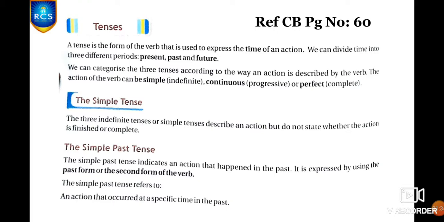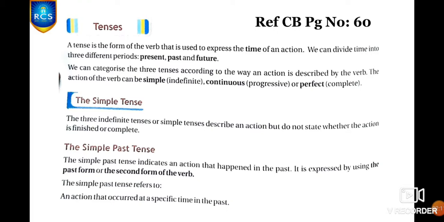We can divide time into three periods: present, past, and future. According to the way an action is described by the verb, we can categorize the three tenses into different types.